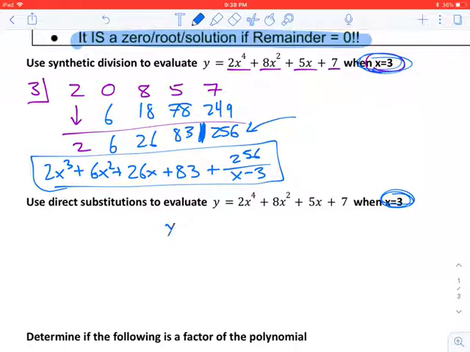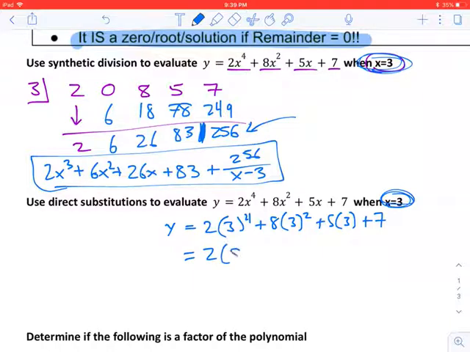So y equals 2 times 3 to the 4th power plus 8 times 3 squared plus 5 times 3 plus 7. Okay, so now we go ahead and multiply that out.